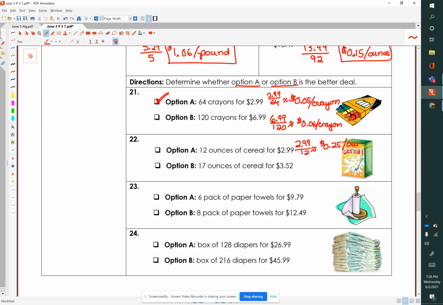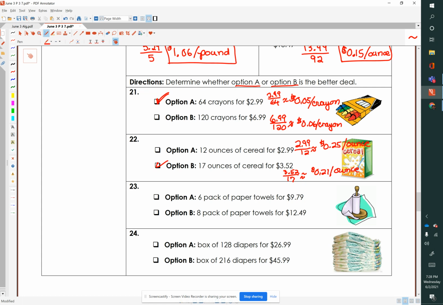And that's an ounce of cereal. And $3.52 divided by 17 ounces is approximately 21 cents per ounce. So the better bargain is definitely option B.